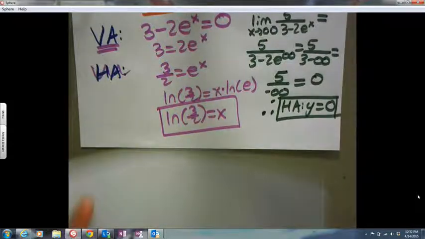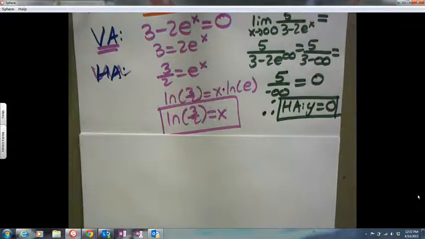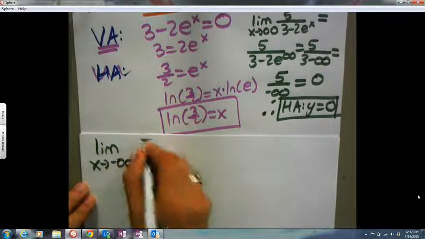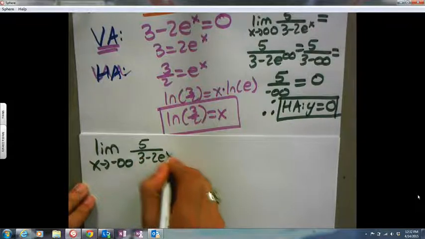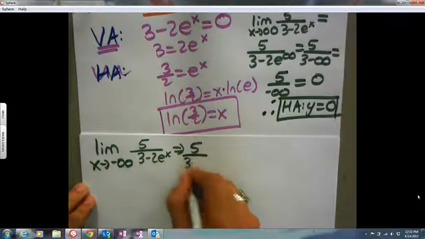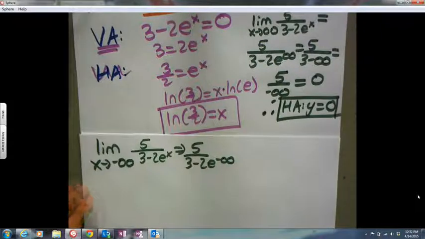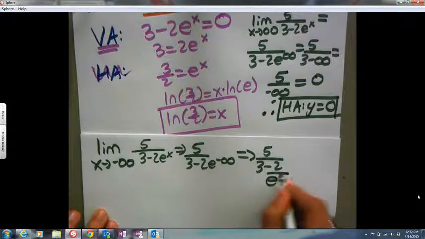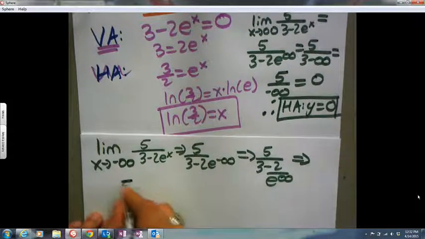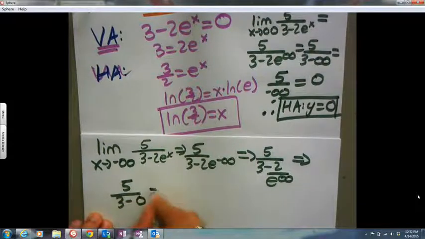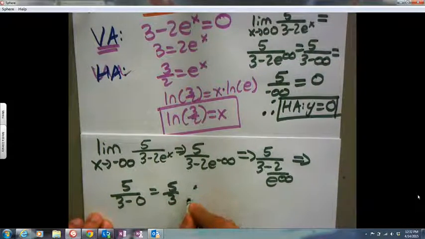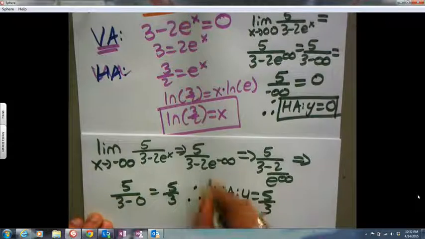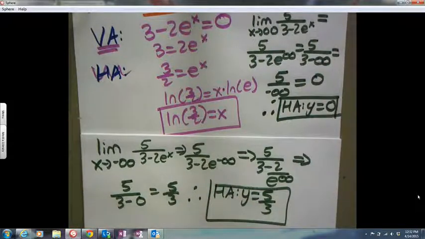Okay. And now we found a different horizontal asymptote on the negative side.